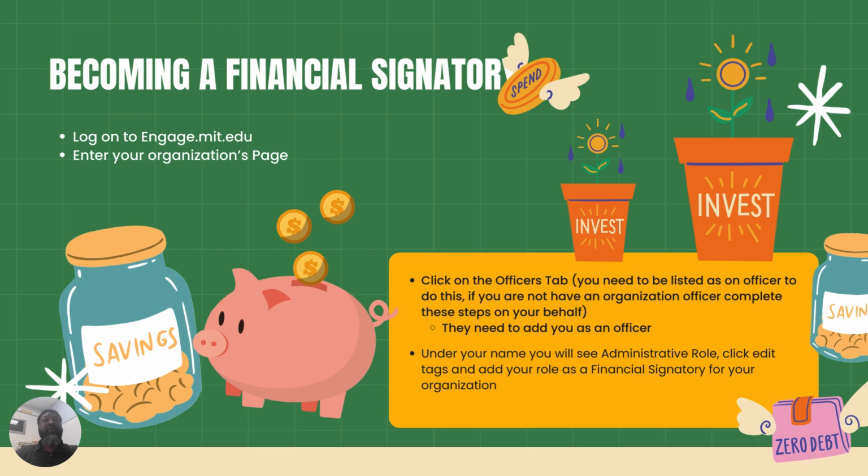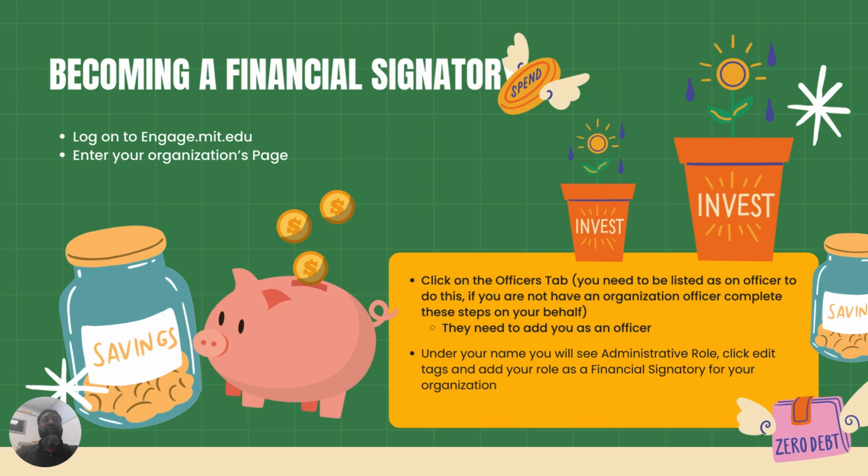Now, becoming a financial signatory, we will leave how you choose to designate a person or persons within your organization up to your organizations, whether you do that through election, drawing a straw, or whatever method you use.